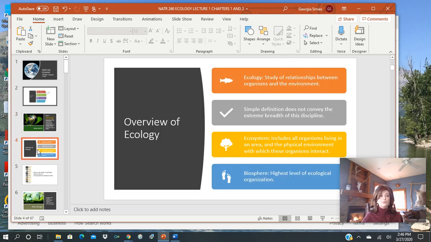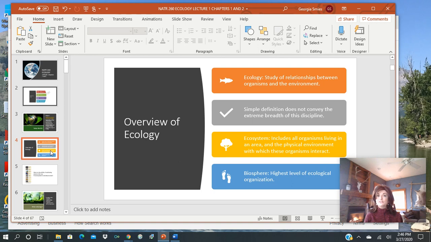Okay, so what is ecology? Let's take a quick overview. Simply put, it's just studying the relationships of animals and plants with their environment. That sounds simple, but it's really difficult to do sometimes.